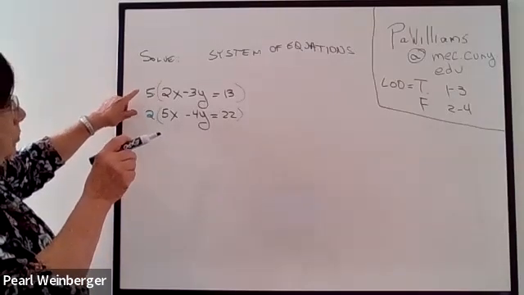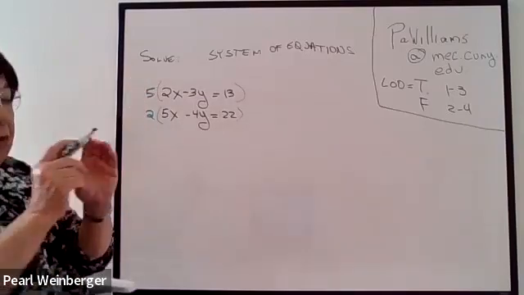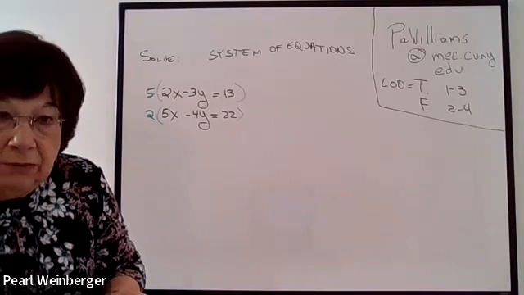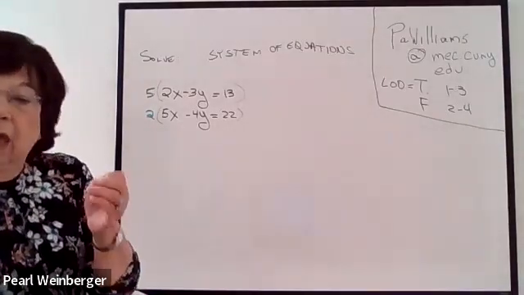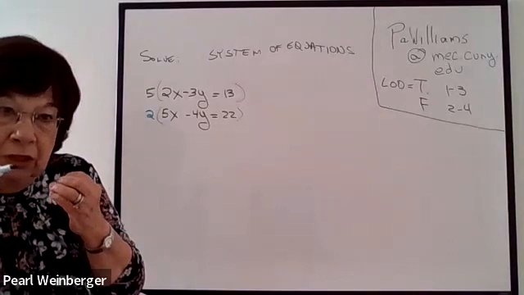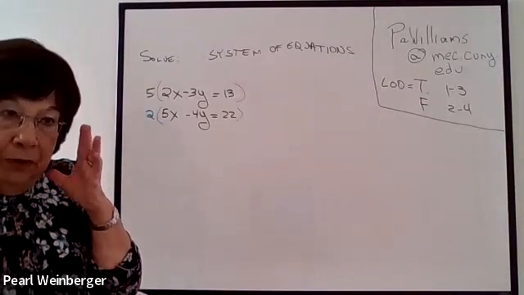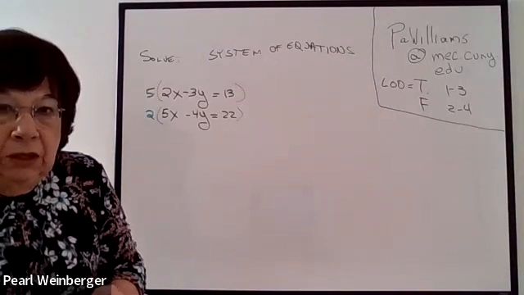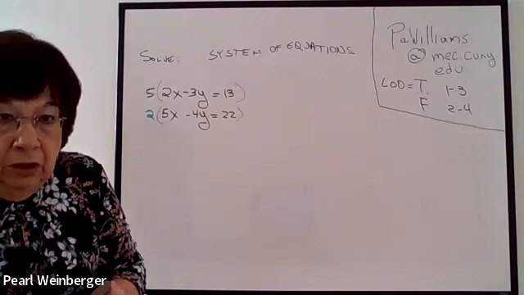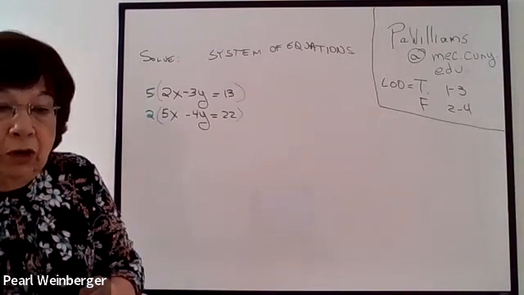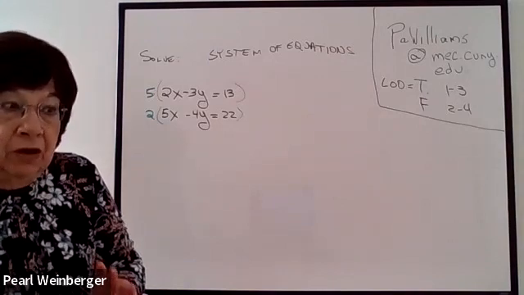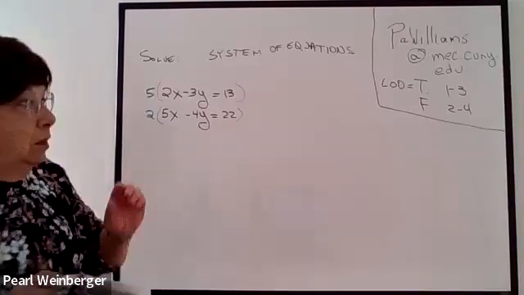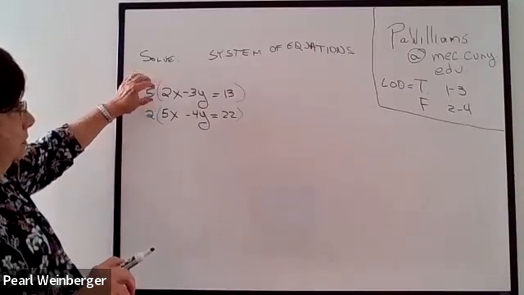Okay. So the point of multiplying them by the opposite coefficients is that then you get the same number in front of them. We can focus on the purpose here so we understand what we're doing. What do we need to have in order for one of the variables to get rid of it, to eliminate it? Let's say we want to get rid of the x's.